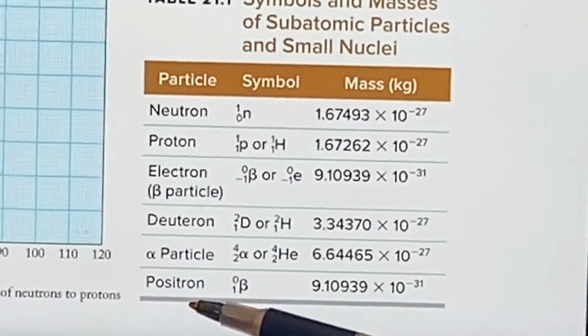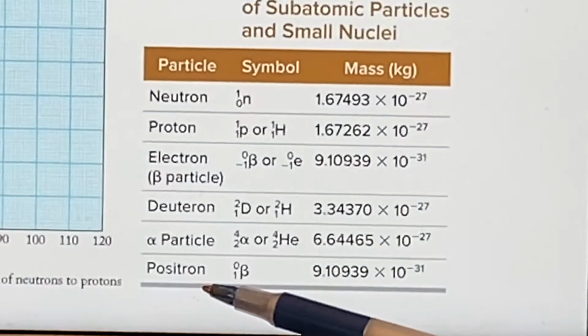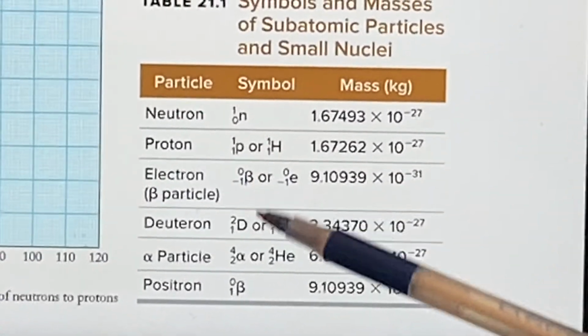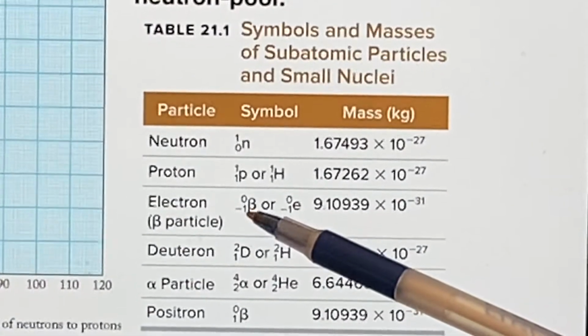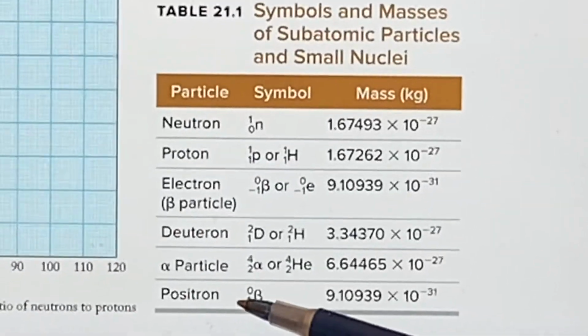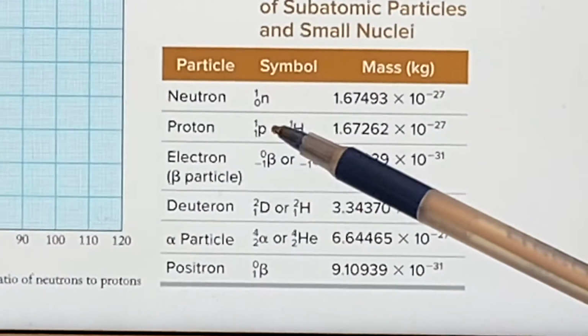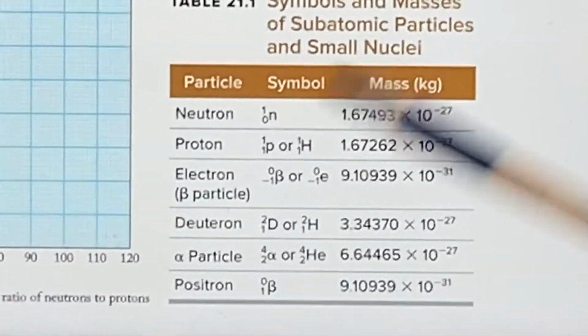When you have the positron, it's like an electron, but it's the opposite charge. So you see they will write a beta for it. It'll have no mass, but instead of a -1, it'll have a +1 charge. So it has the positive charge like a proton, but it has the mass like an electron. And that's your positron.